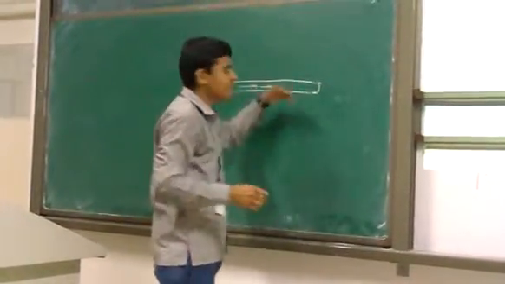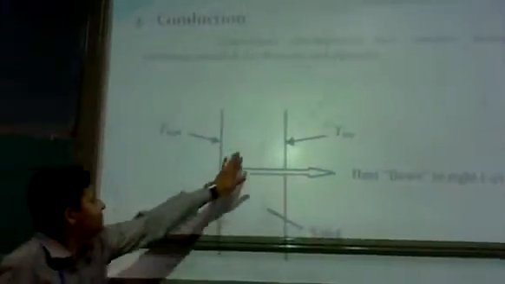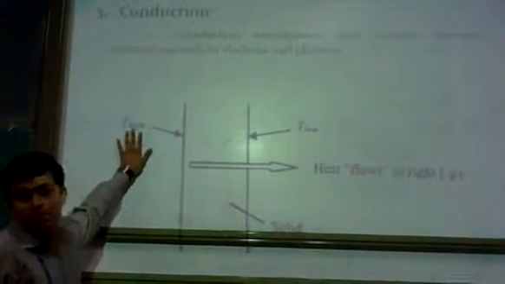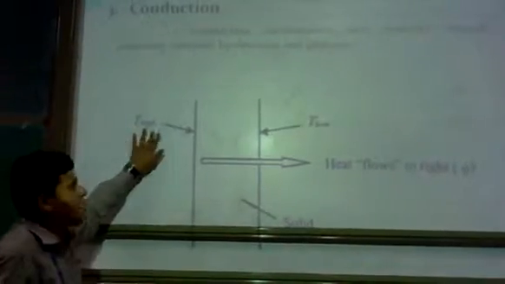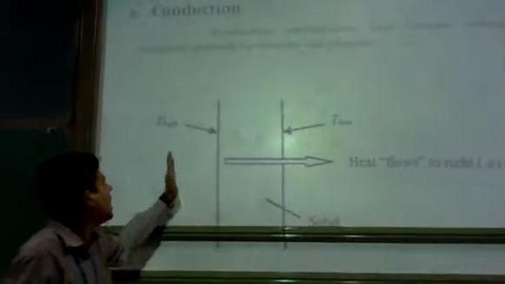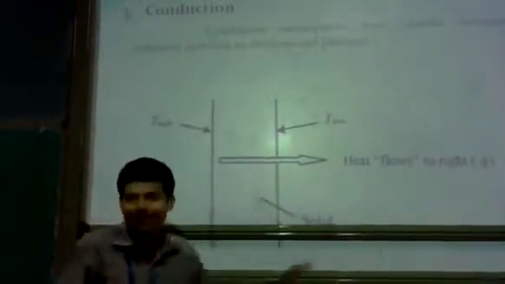After some time, I feel some heat in my hand. This is in solid material. If this side is at high temperature and this side is at low temperature, T high and T low, the heat flows from high temperature to low temperature, that is, from left side to right side.